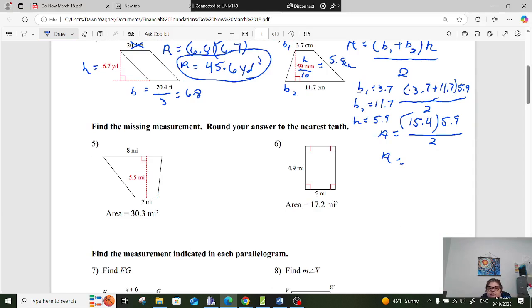Area is equal to, what was it? 45.4. And that is rounded correctly, everyone? Oh, good. And this is going to be centimeters squared. Woohoo! We're getting it.